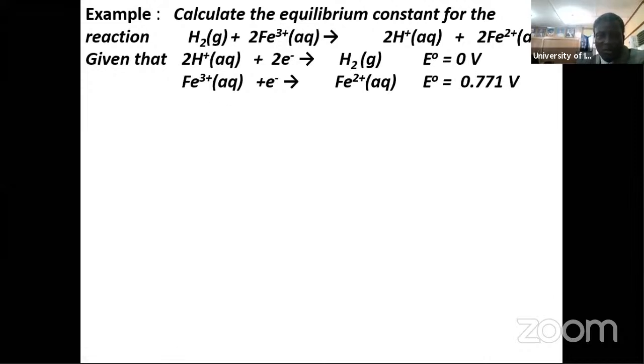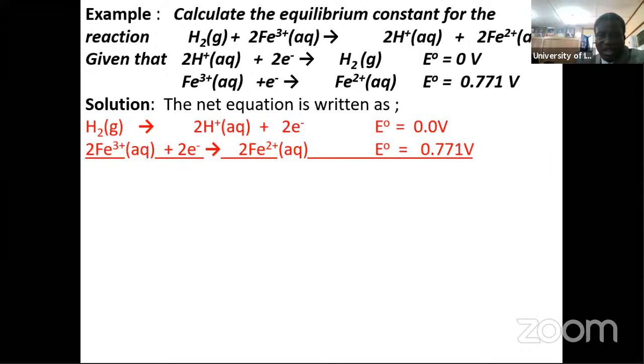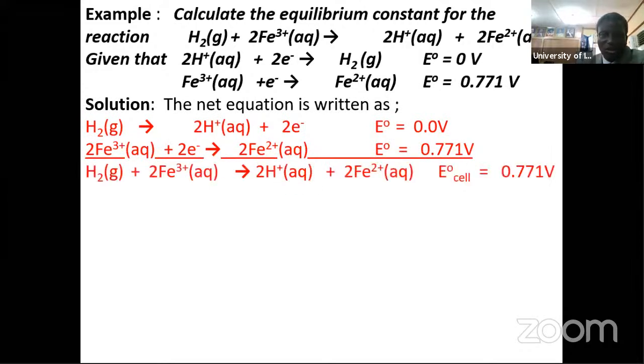If you solve that equation the way we have done now, then your net equation and your E naught cell is going to be 0.771 volts. So that is the E naught for that reaction. Then you go ahead and substitute.